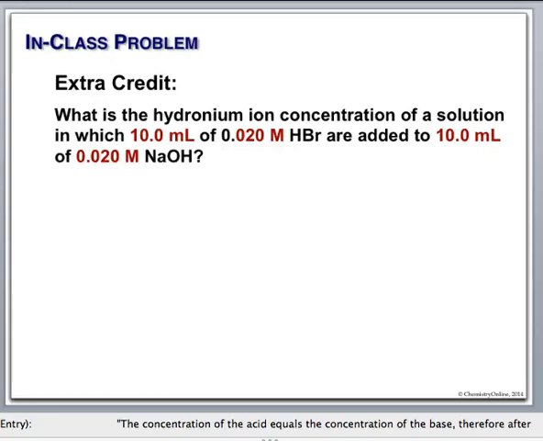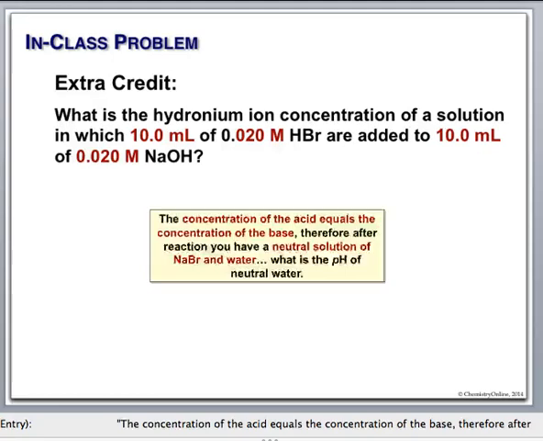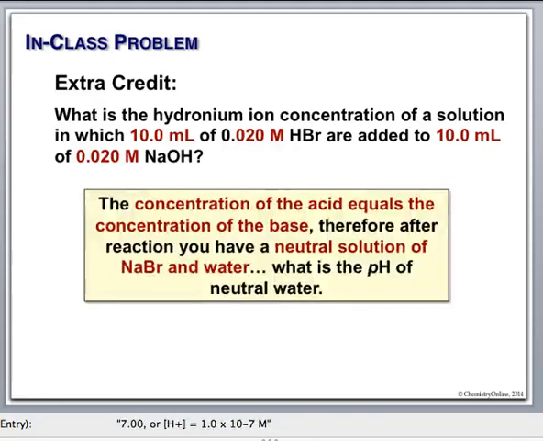They're the same, aren't they? They're the same. So when we mix these two together, what are we going to have? It's going to be neutral. We're going to have sodium bromide. Remember, an acid and a base make a salt, and water.